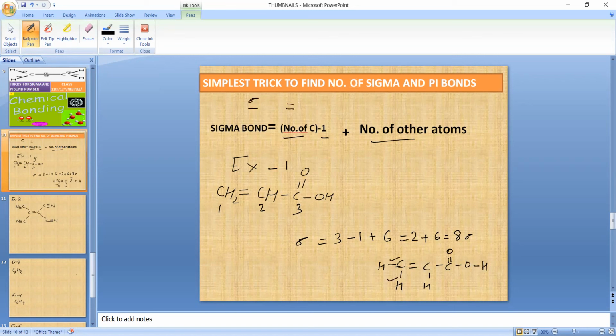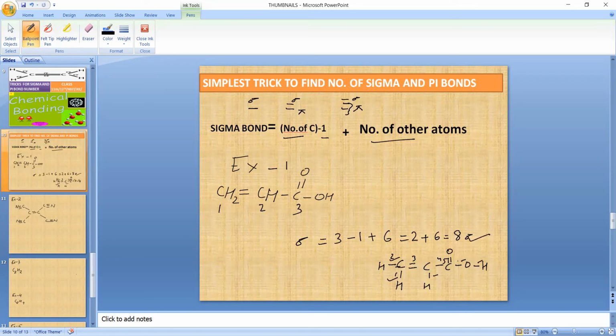If a double bond is present, one is sigma and one is pi. And if a triple bond is present, one is sigma and the other two are pi. Clear? So here 1, 2. From these two, one will be counted: 3, 4, 5, 6, 7, and this is 8. 8 is the right answer.